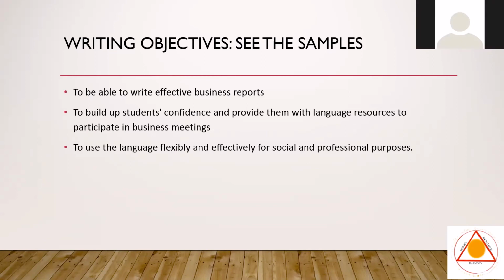Yes. First one is, I think it's goal. Second one is objective, and third one is also. Okay, go on. Yeah, first one is definitely a goal, because it talks about the larger picture of business reports, because there are multiple elements that we need to understand, and in order to write effective business reports, we need to understand them first.